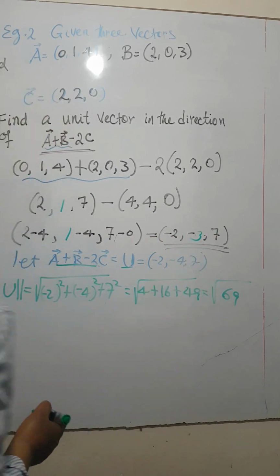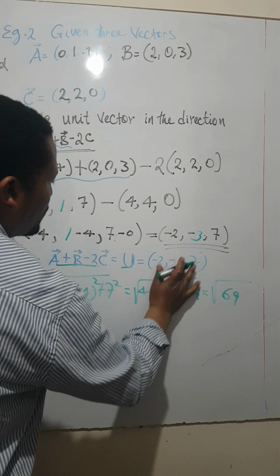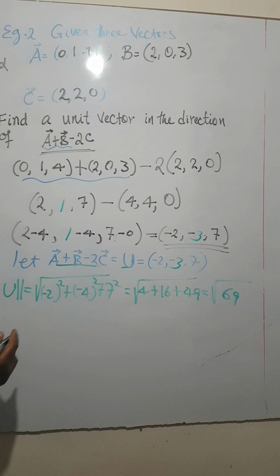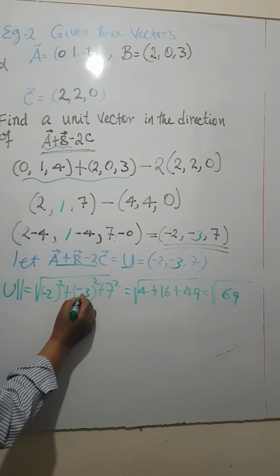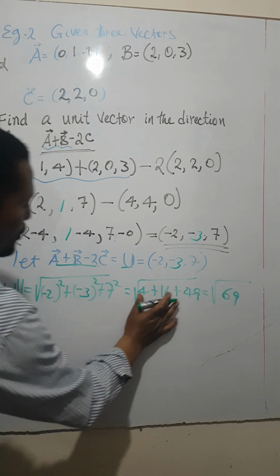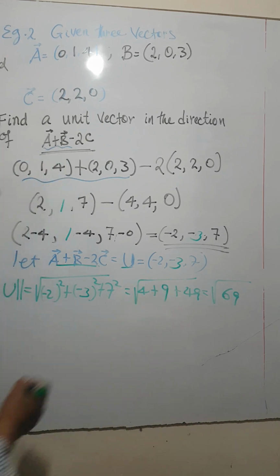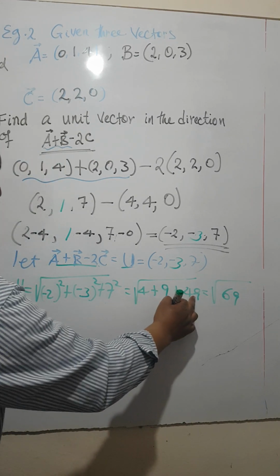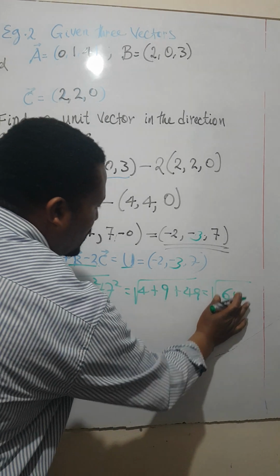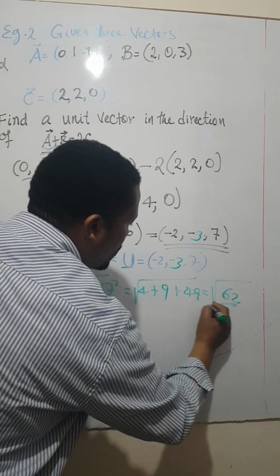Then 7 minus 0 is 7. So this is going to be negative 3 squared, which is 9. The sum is 62, so the square root of 62.